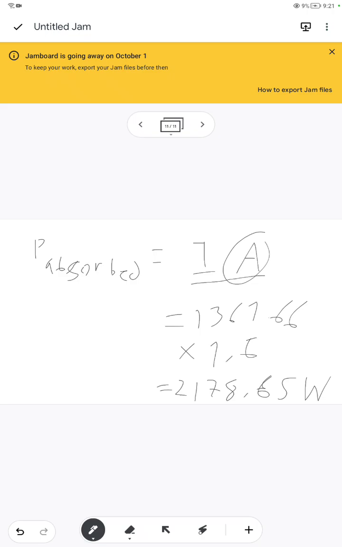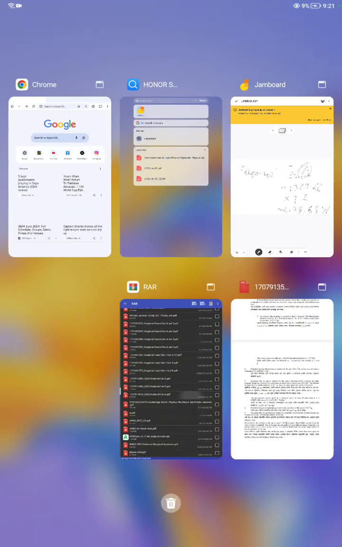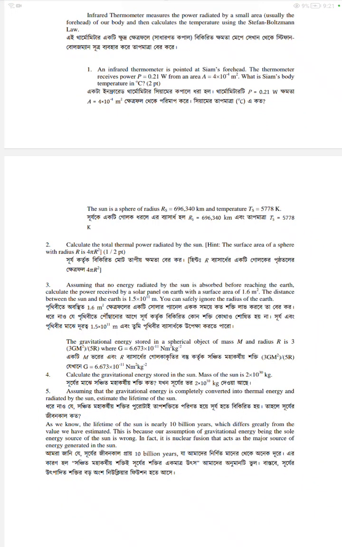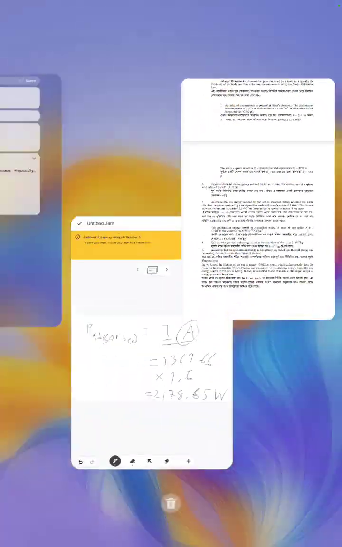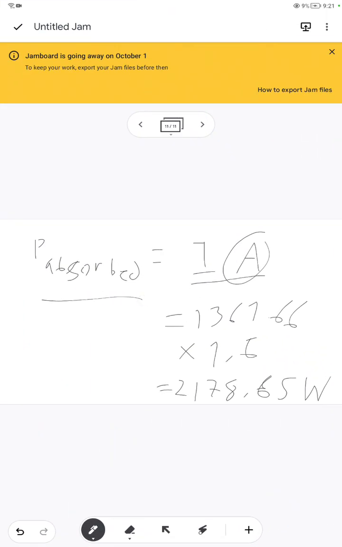Also don't forget that. And yeah, that's what they asked, the power received at a solar panel, which is also basically the power absorbed, we can also say. And this is the one which needed a bit of knowledge, and I hope you all understand.